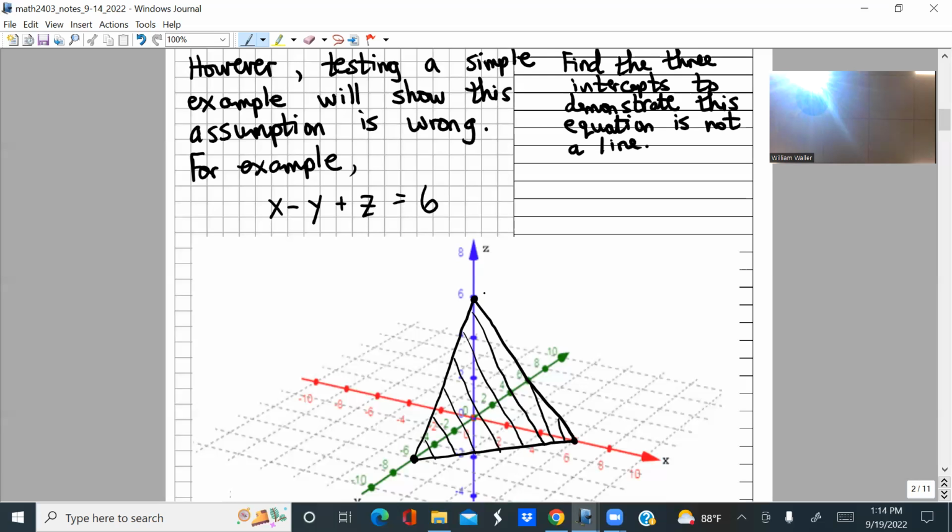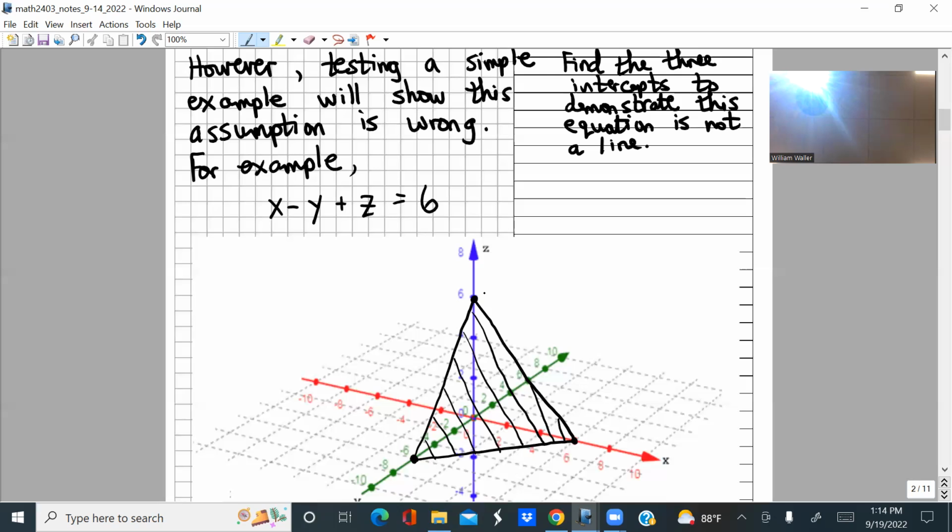Likewise, if you set x and z to 0, you get y equals -6, so the intercept on the y-axis is down here at -6. Those 3 points do not fall on a line. So when you graph this equation, you do not get a straight line. That means lines in 3 dimensions are more complicated.